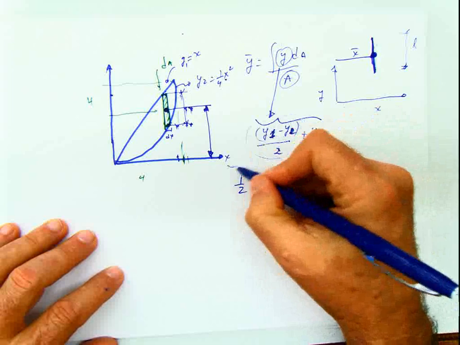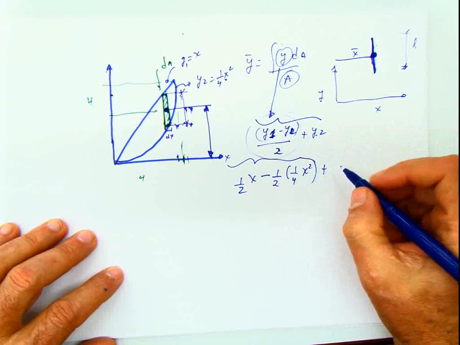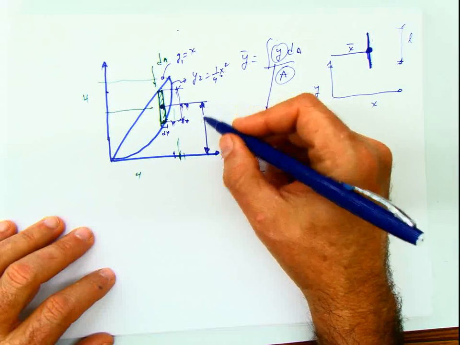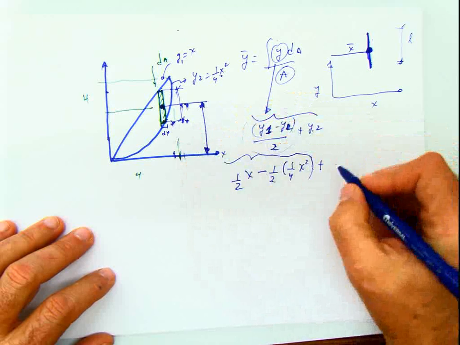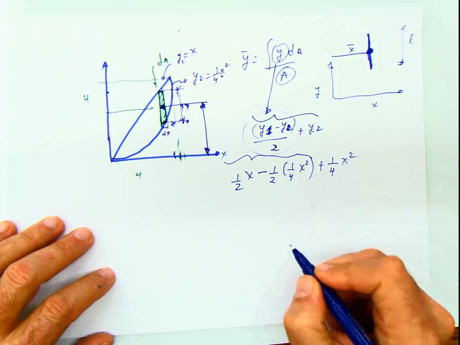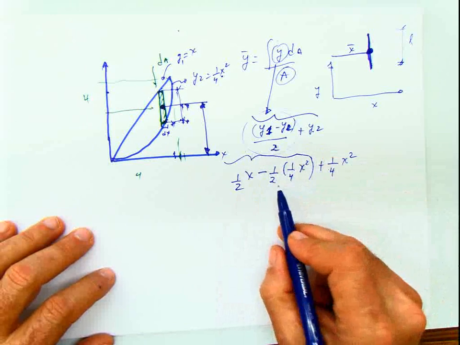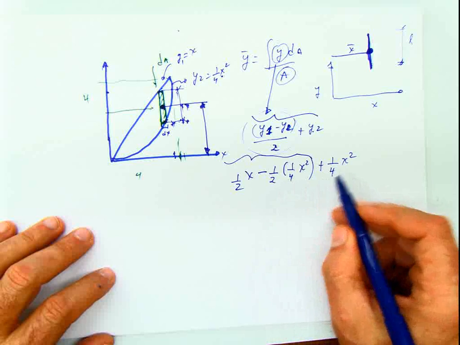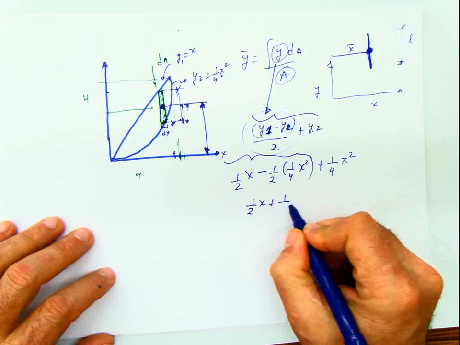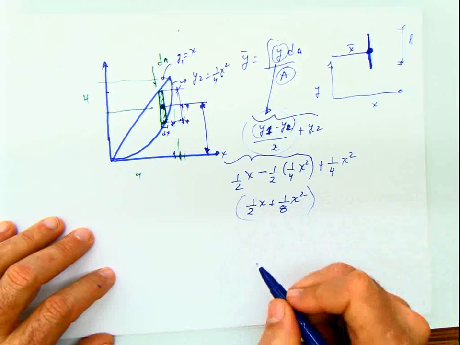I already covered this part, plus y2, and y2 is this distance, 1/4 of x squared. And then we solve this part. When we solve this part, I have 1/8 minus 1/4. This is going to be 1/2 x plus 1/8 x squared. There you go. That's the distance that I'm looking for.